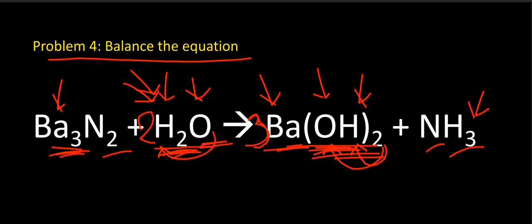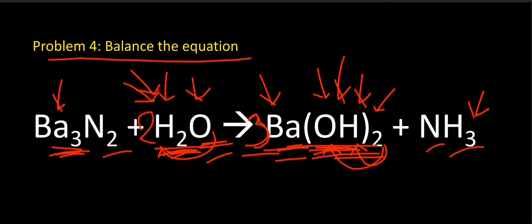So the number of hydrogen and oxygen atoms are also increasing. So we had 2 oxygen atoms here, and when we have put a 3, there are 3 times 2, 6 oxygen atoms. So we have 2 oxygen atoms on the reactant side and 6 oxygen atoms on the product side.